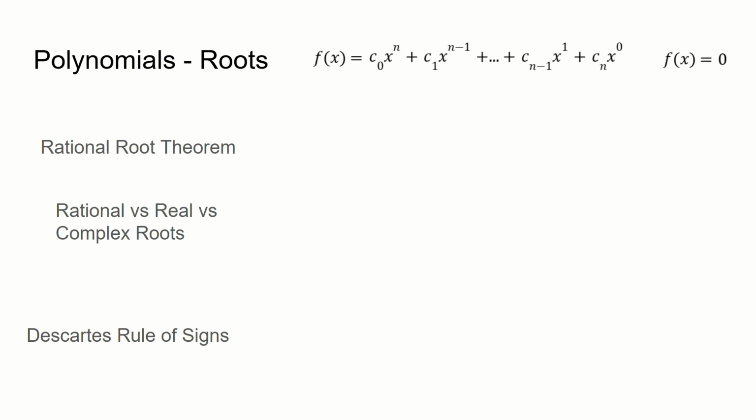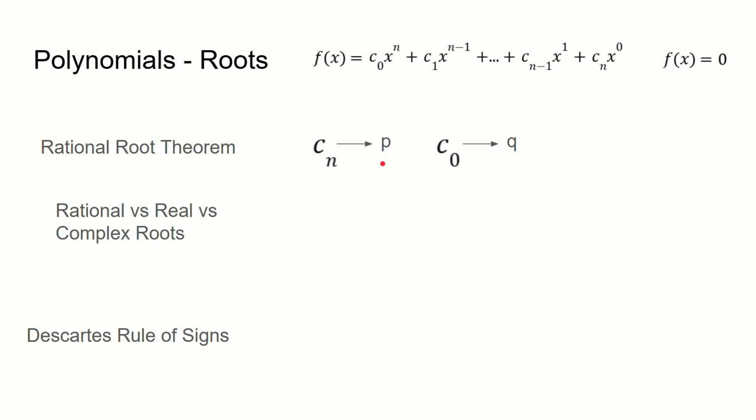So given a polynomial with integer coefficients, we can apply the rational root theorem. First, Cn is the last coefficient, and C0 is the leading coefficient. P represents all of the factors of the last coefficient.